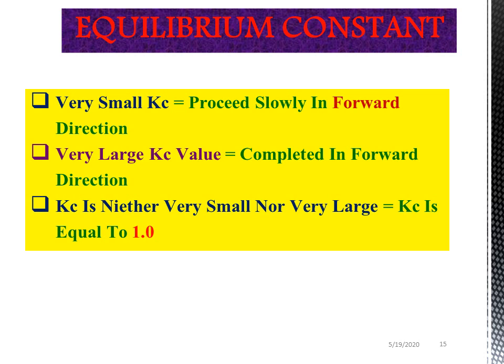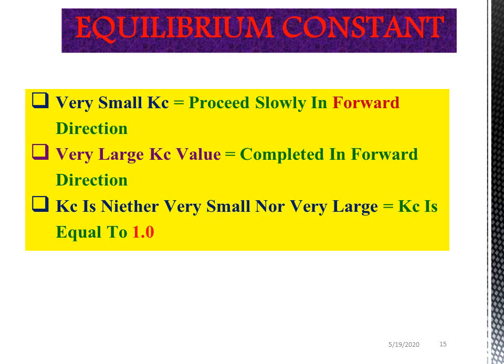If we have a large value of Kc, what does it mean? It means that the concentrations of A and B are small and the concentrations of C and D are large, meaning the products formed are in large amount.